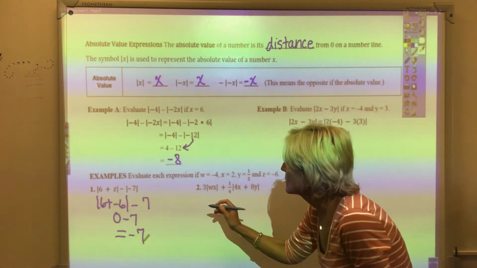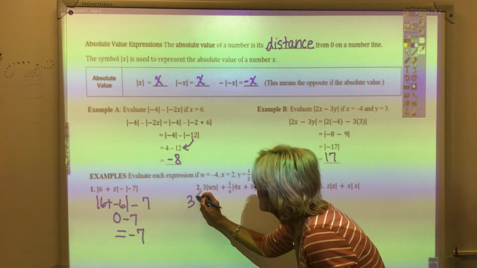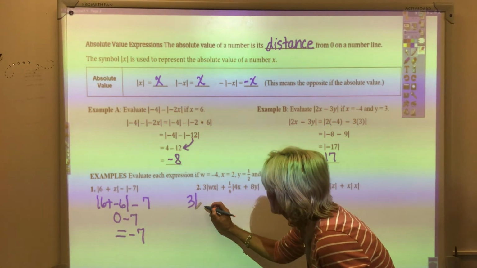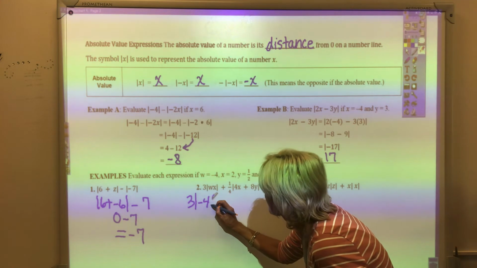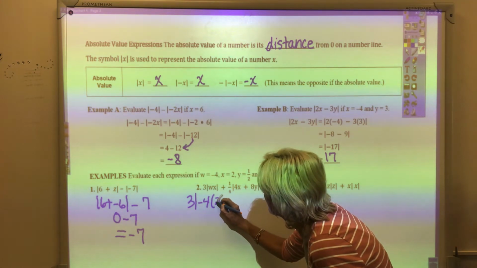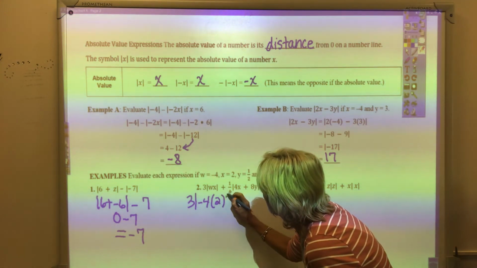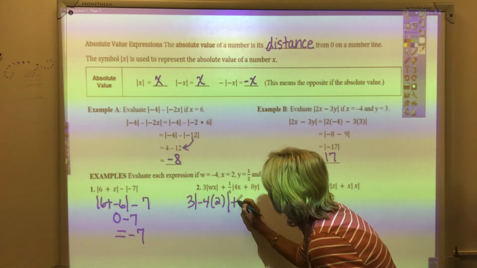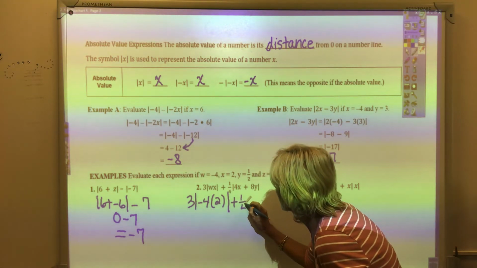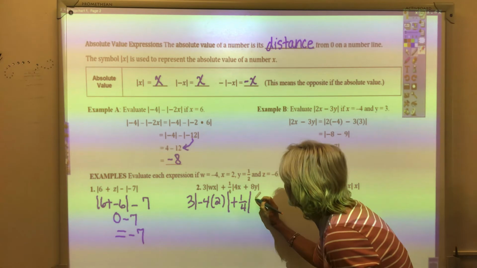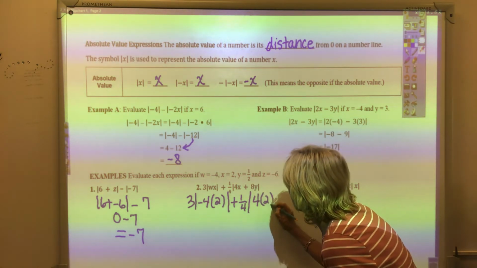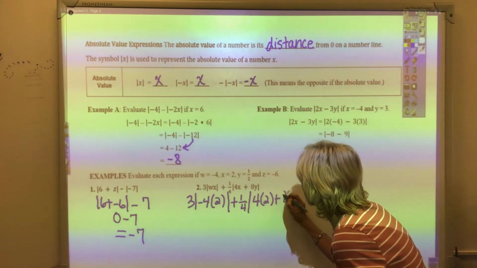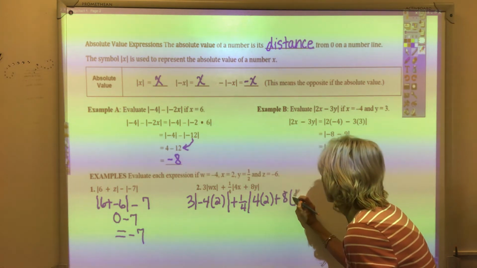For the second problem, we will have 3 times the absolute value of negative 4 times 2, plus 1/4 the absolute value of 4 times 2 plus 8 times 1/2.